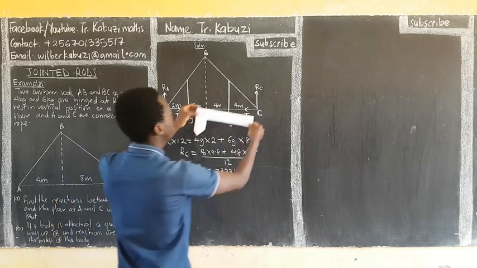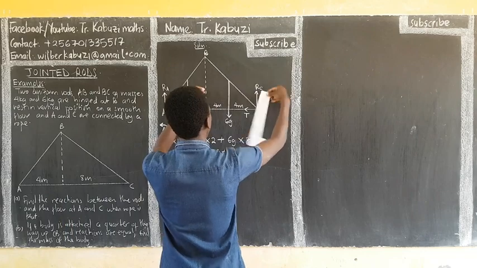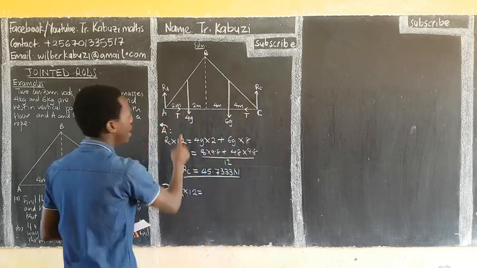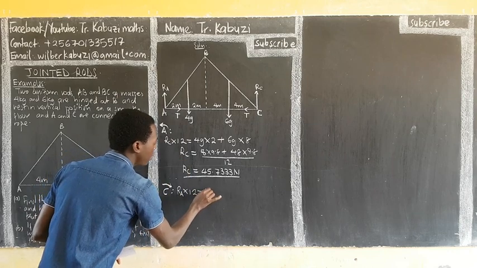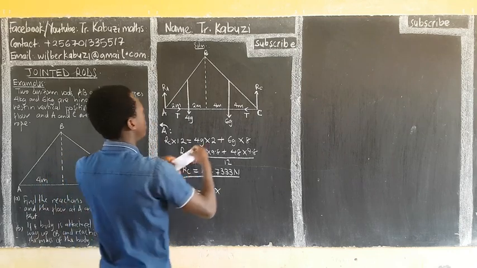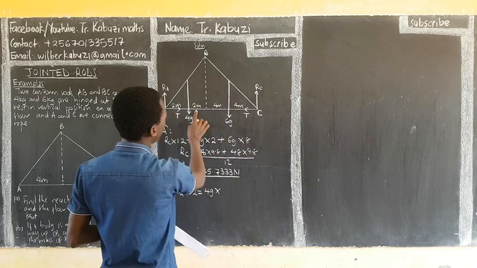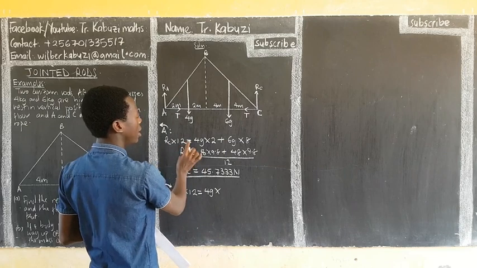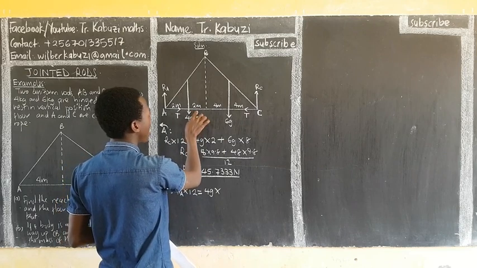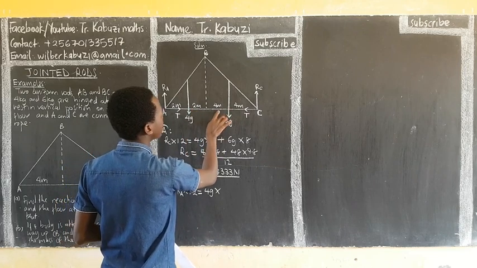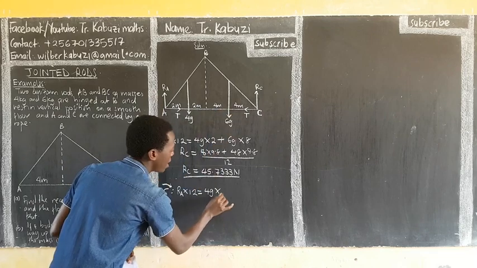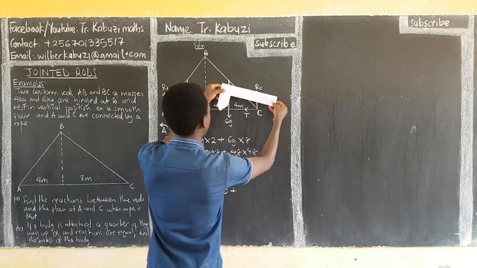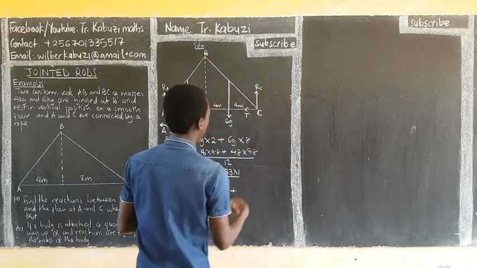Now from C, this force is going to act anti-clockwise, and this one is also going to act anti-clockwise. So I have first of all 4g times, from C, we add this 2, plus this 4, plus this, I'll be adding 10. Then plus, this 6 is also going clockwise.